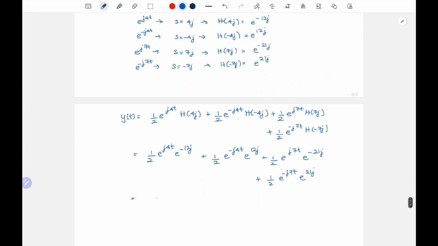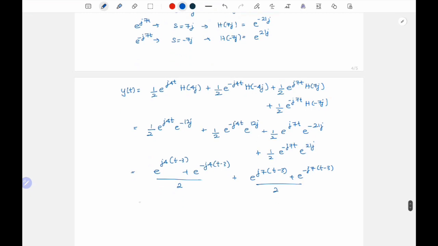Now we can try to combine this. This is nothing but (e^{j4(t-3)} + e^{-j4(t-3)})/2 plus (e^{j7(t-3)} + e^{-j7(t-3)})/2. And what is this?